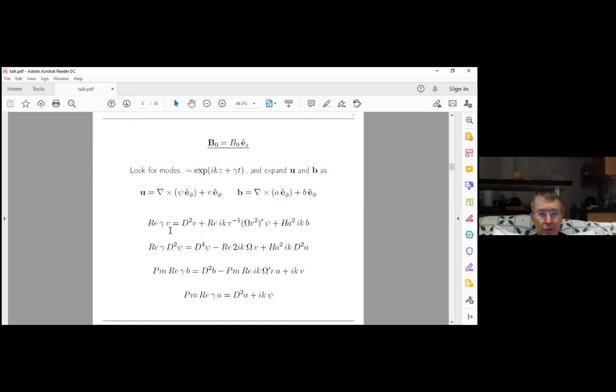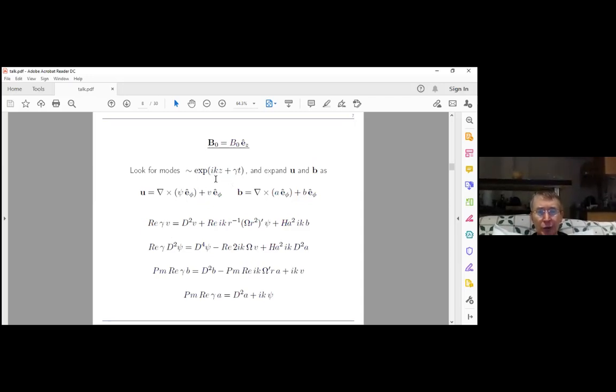So there's the phi component of the Navier-Stokes equation. There's the phi component of its curl. There's the phi component of the induction equation. And there's the phi component of the inverse curl of the induction equation. And you can see your separation of variables approach really worked.